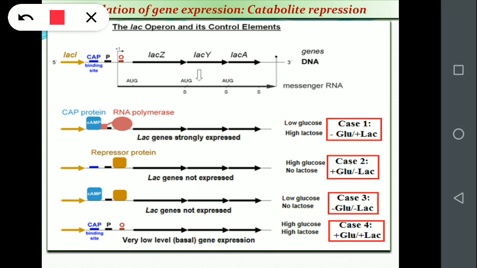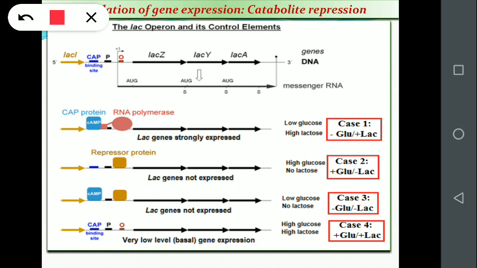And in catabolite repression, glucose acts as a primary sugar, and it represses the operons of secondary sugars like lactose. So in the presence of glucose and lactose, the cell prefers glucose only, and as long as the glucose is there, it continuously represses the lactose genes.